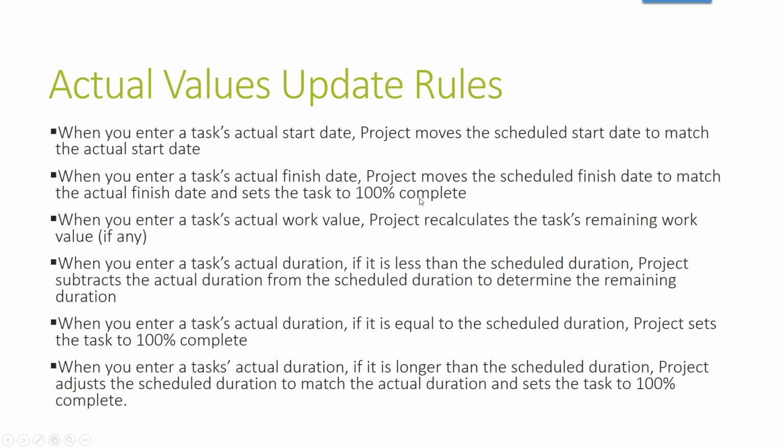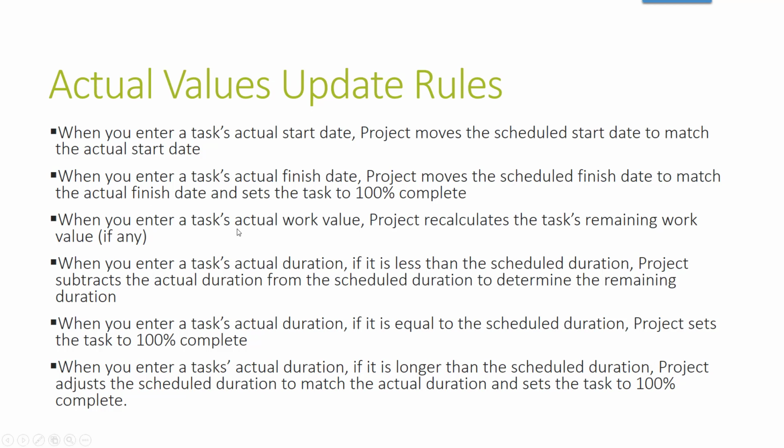When you enter a task's actual finish date, Project moves the scheduled finish date to match the actual and sets the task to be 100% complete. So whether the task finishes before or after the scheduled, it's going to make that scheduled finish date match the actual, and it's going to set the percent to 100% complete.